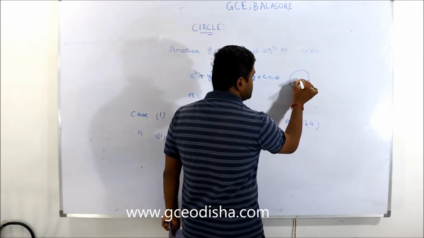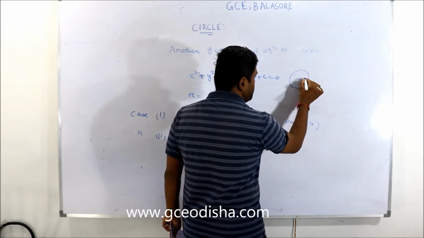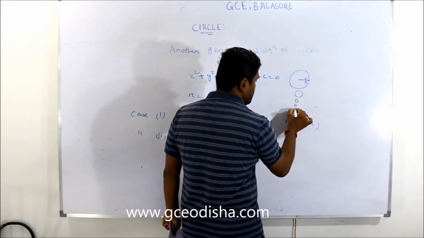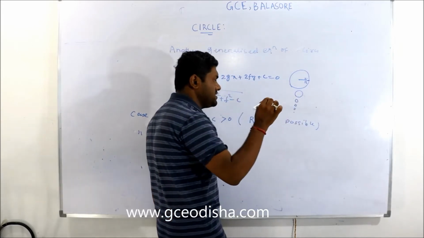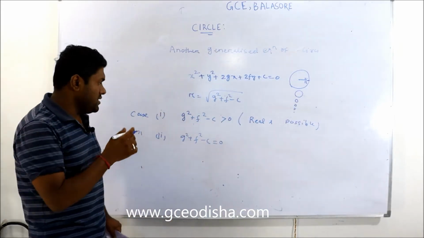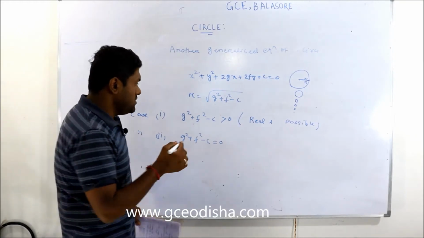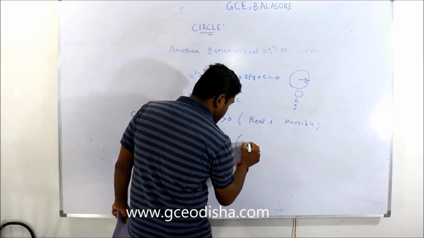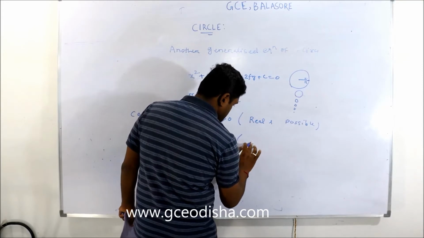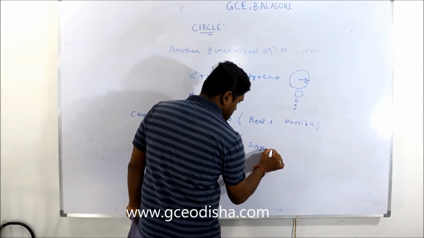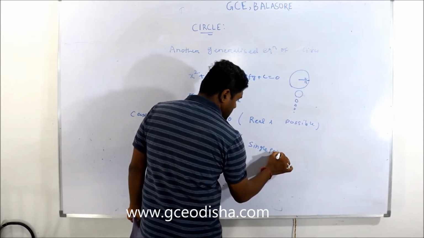When you decrease the radius, like this is 5 units, this is 4 units, this is 3, 2, 1 and 0, this is a single point. So when g square plus f square minus c is equal to 0, the circle is a single point. This is a single point circle.